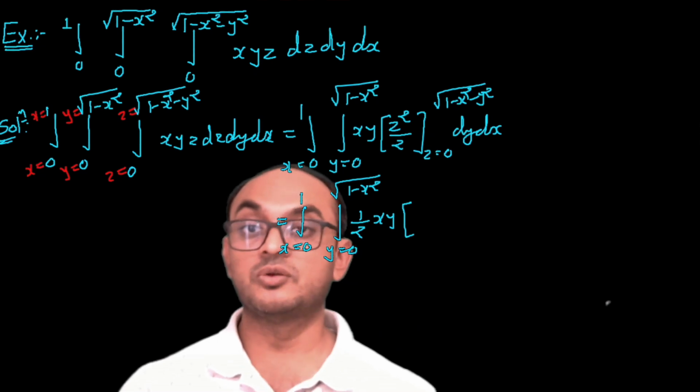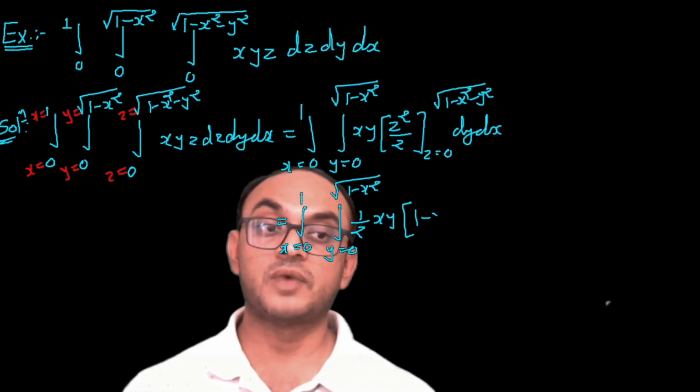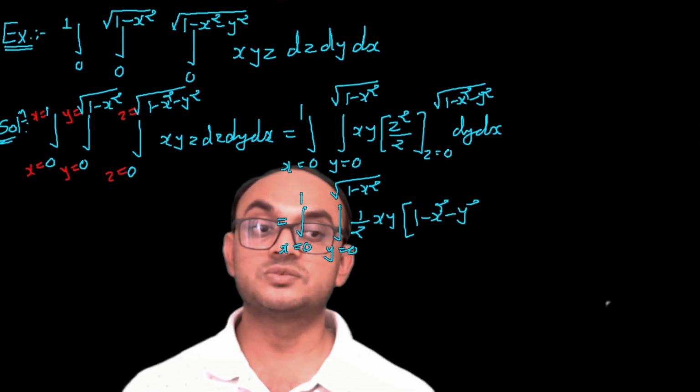What is z? Under root 1 minus x square minus y square. Its square is 1 minus x square minus y square.